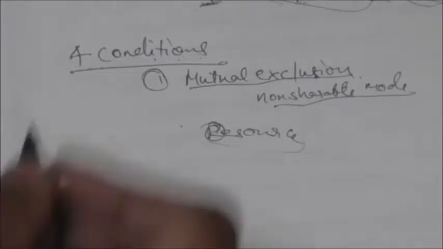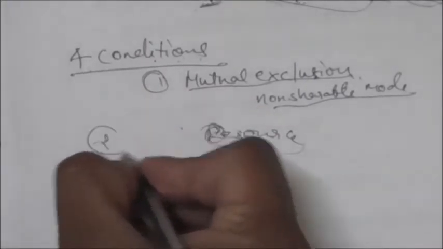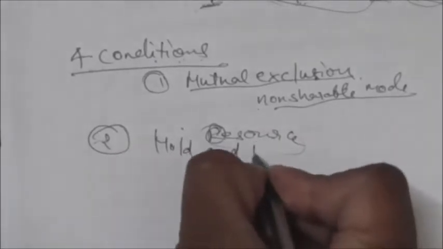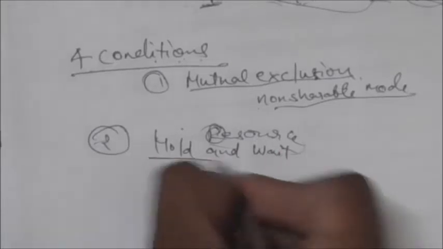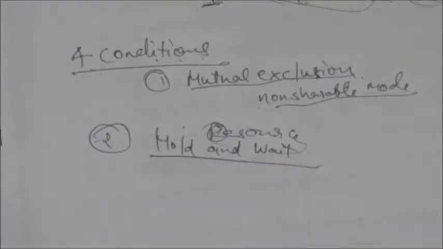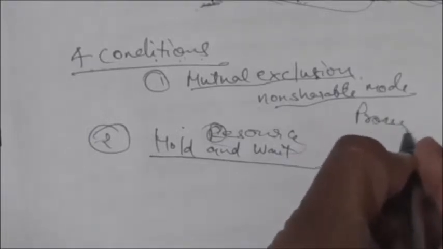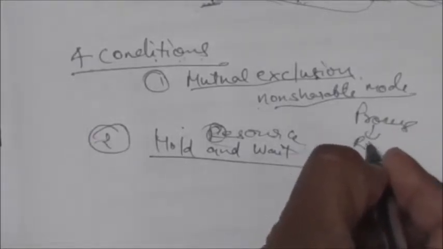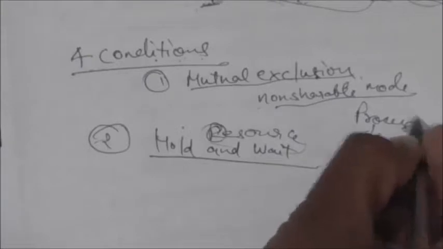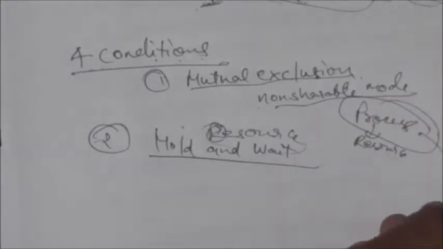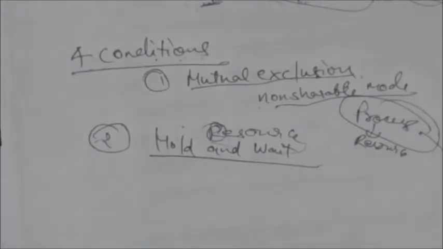The second is hold and wait. So what does it mean? It means that a process is holding some resource and it is waiting for another resource which is held by another process.